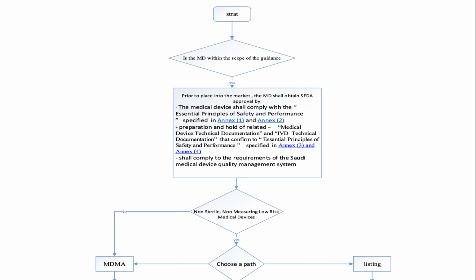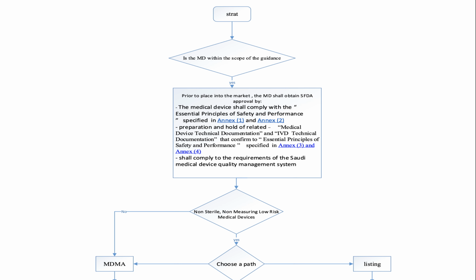When you prepare this essential principle checklist, the moment you fulfill this requirement, you need to address the second documentation, where you need to prepare and hold the related medical device technical documentation and the IVD technical documentation file, which conforms to the essential principles of safety and performance as given in Annex 3 and Annex 4 respectively, my friends.